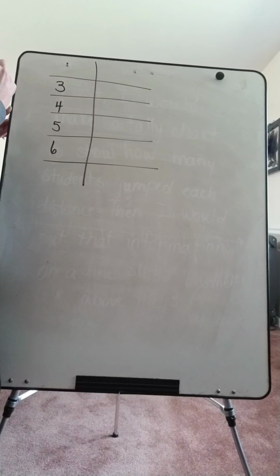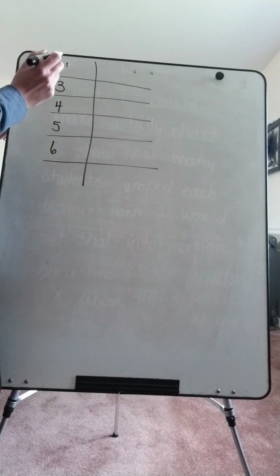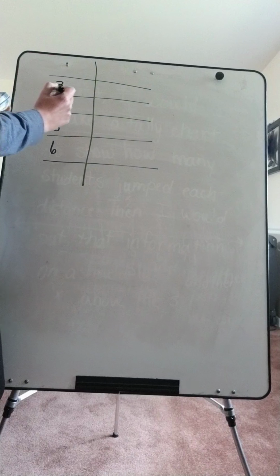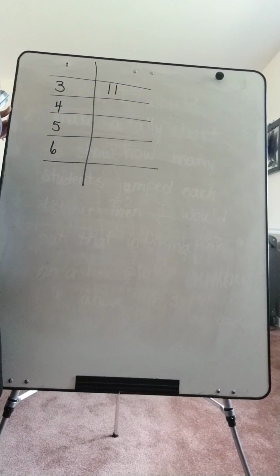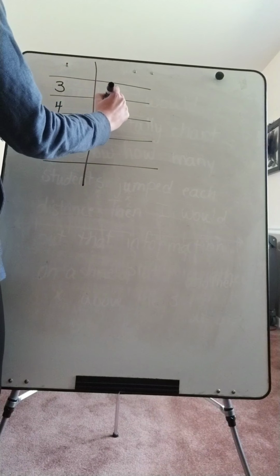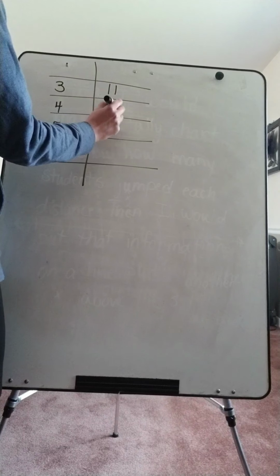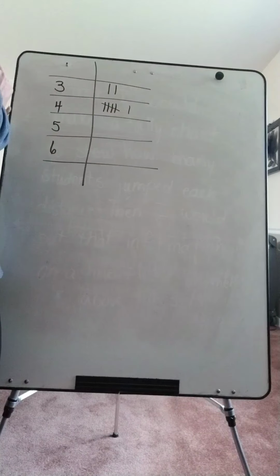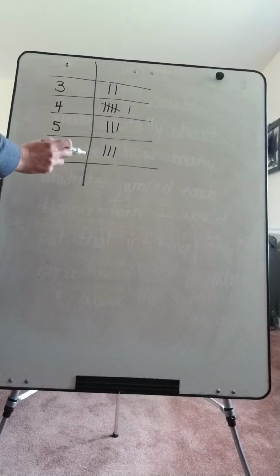So if you look at the line of numbers, 5, 3, 4, 6, 6, 6, 4, 5, 4, 4, 4, 5, 4, 3, we're going to count up how many 3s. There's 2. So we're going to put 2 tallies. If you count up how many 4s, there's 6 of them. 1, 2, 3, 4, 5, 6. There are 3 5s and there are 3 6s. Okay, so go ahead and fill in your tallies in your chart.